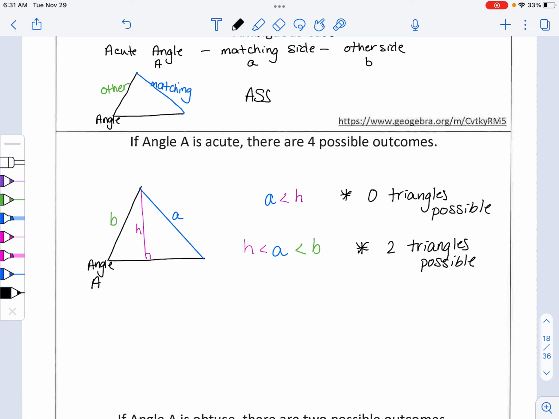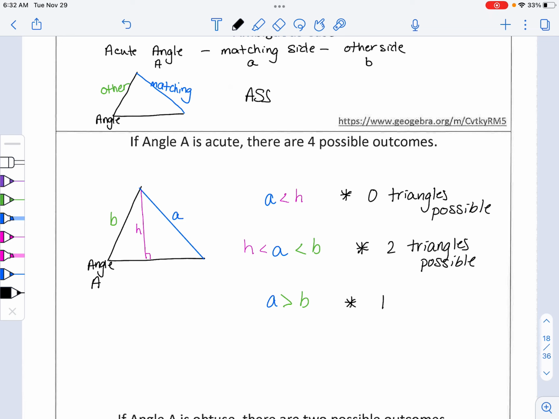Now, on the other side, if you have your matching side and it is greater than your other side given, now these A's and B's can be flipped around, but if your matching side is greater than your other side, then you don't have to necessarily look for 2 triangles. Even if you do, that second triangle won't exist. There won't be room for that third angle. I know they briefly talked about that in the video.